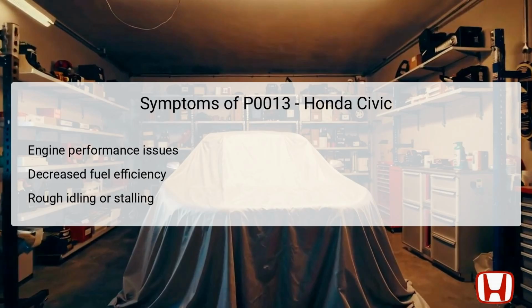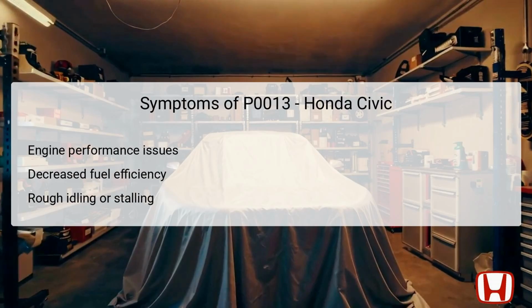The symptoms associated with DTC P0013 can significantly impact the driving experience of a Honda Civic. One common symptom is reduced engine performance, particularly noticeable during acceleration or under load, as the VTC system plays a pivotal role in optimizing engine timing.